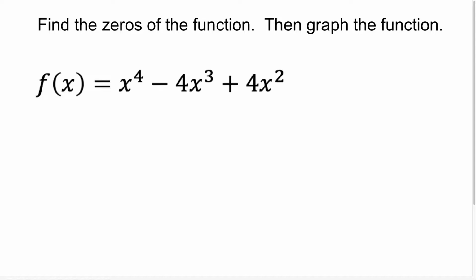I don't have to substitute in different x's. So what would you do first to solve this polynomial by factoring?